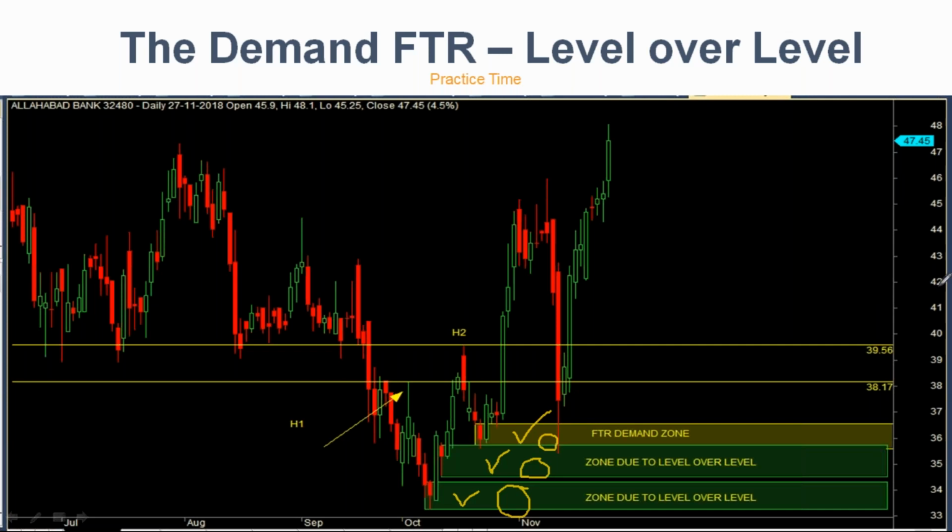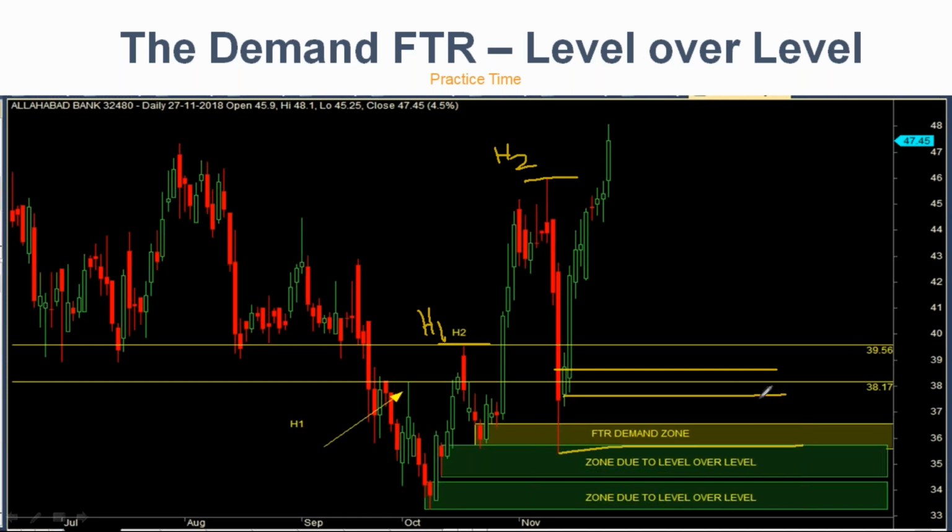There is also an FTR. Let me clear this, friends. So let's say this is H1, one high. According to the latest condition, price formed high 2. It came down, formed a base and went up. Now this can be a zone to trade, but I will take wick to wick. This is the zone for me, this is the next FTR. Correct, friends?